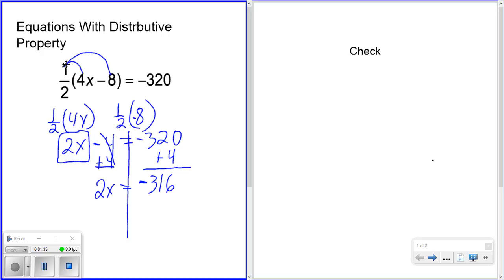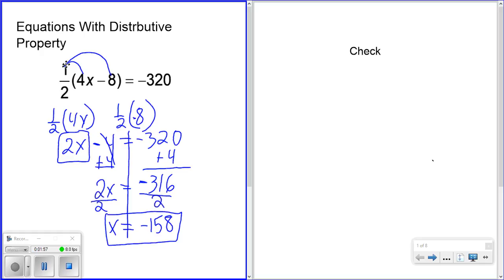Now we have 2x. Whenever you see a number next to a variable, that is multiplication, so we're going to divide by the number 2. We'll just punch that in the calculator, and -316 divided by 2 is -158. That is your answer.